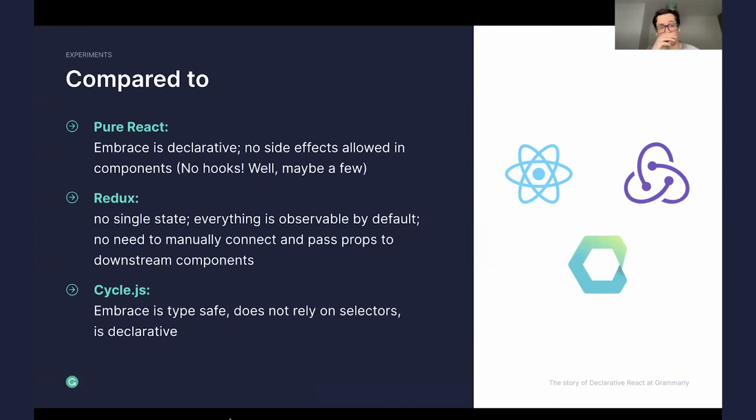So compared to Redux, I think the main difference is that we don't need to do things manually, so we don't need to wire UI to state using some selectors or something. I will show you in a few slides how it works. So it all works automatically. And I think CycleJS is the most similar to ours. Embrace was inspired by CycleJS, I guess, at some point. The difference is that we don't rely on selectors. We are more type safe and hopefully more declarative.